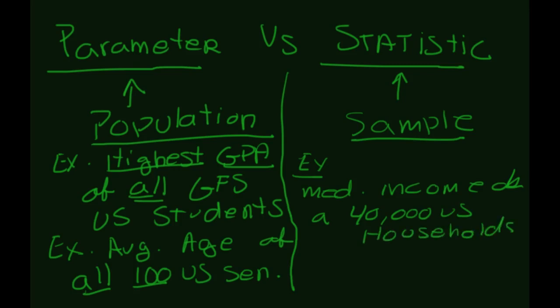Our number of households is definitely more than 40,000 in the United States, but I could take a sample of 40,000 of them and find the median income of that sample. That's a statistic.